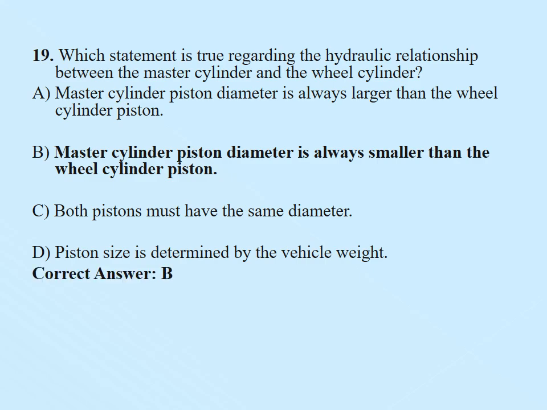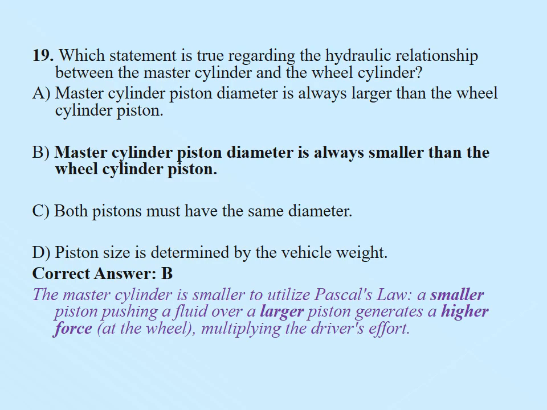Correct answer is B. The master cylinder is smaller to utilize Pascal's law. A smaller piston pushing fluid over a larger piston generates a higher force at the wheel, multiplying the driver's effort.